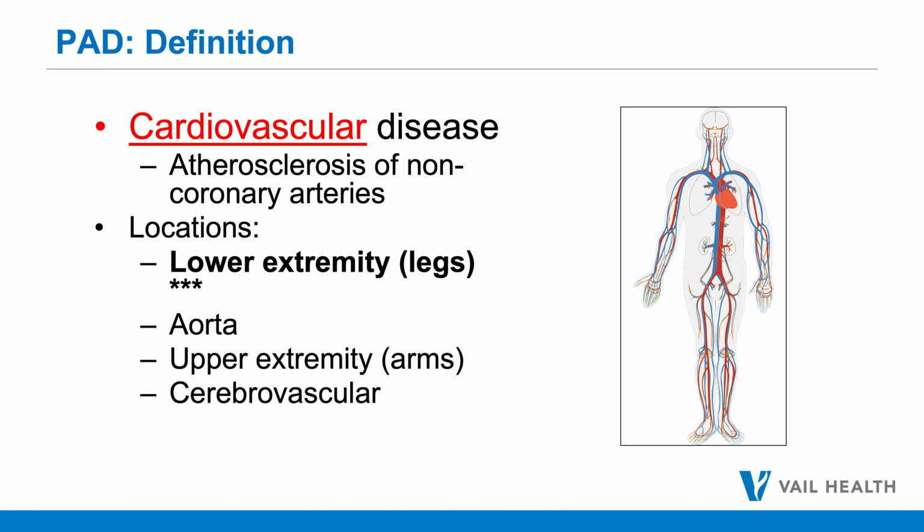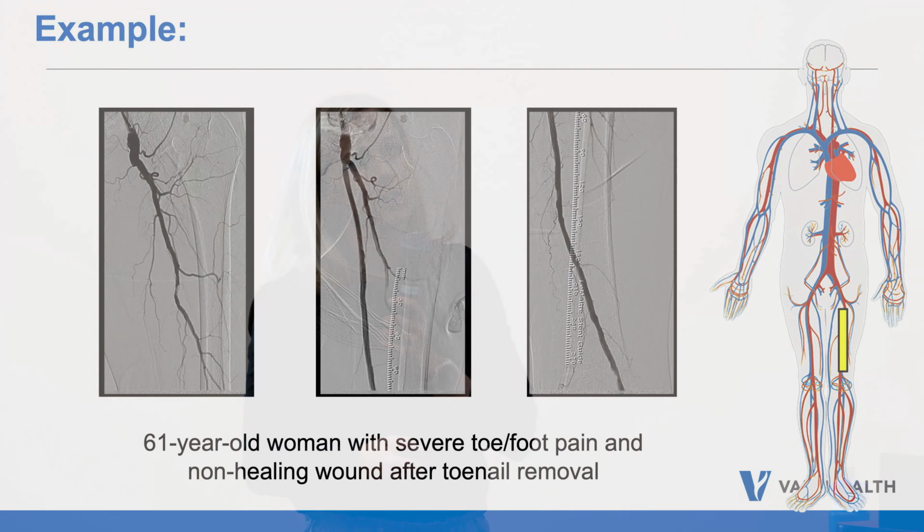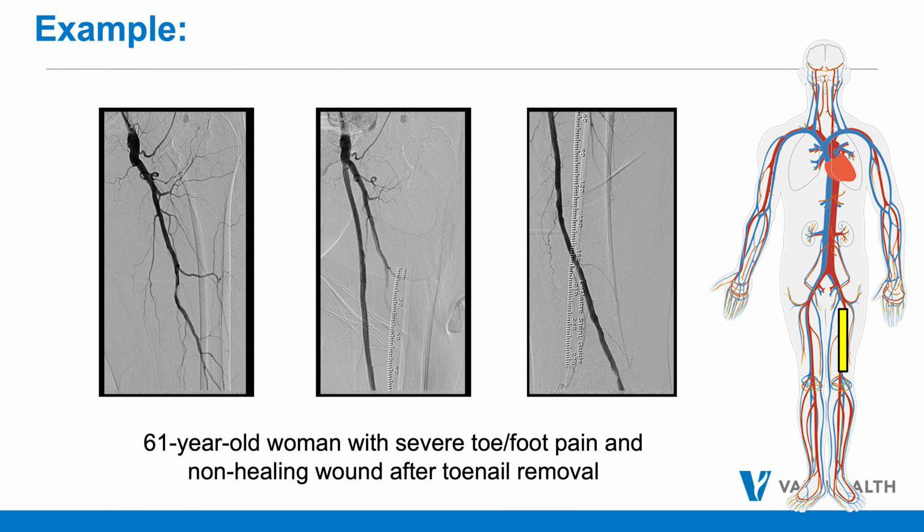That's just the statistics. For this woman, she had a toenail removed and eventually came and saw me because it never healed. And she was missing this entire artery, which we were able to open up. It's the whole artery that goes from her groin all the way down to her knee. So that's the kind of stuff that we do, and we're rocking and rolling with that, doing a lot of cases.